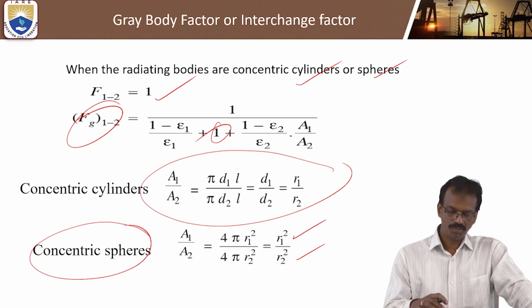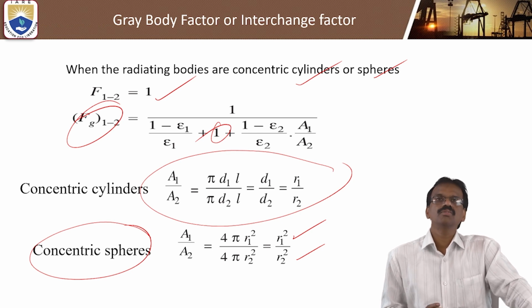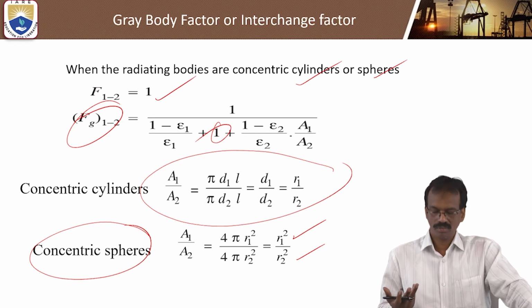If you substitute these values in the first formula, you will get the final formula for the radiation between two concentric spheres or two concentric cylinders.